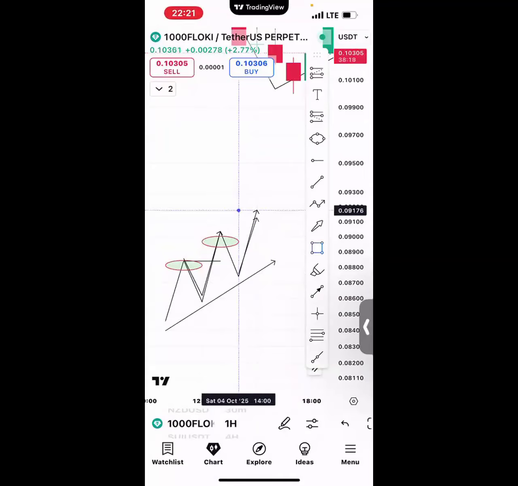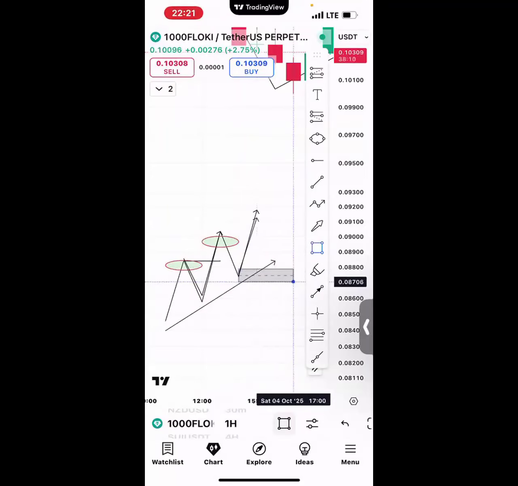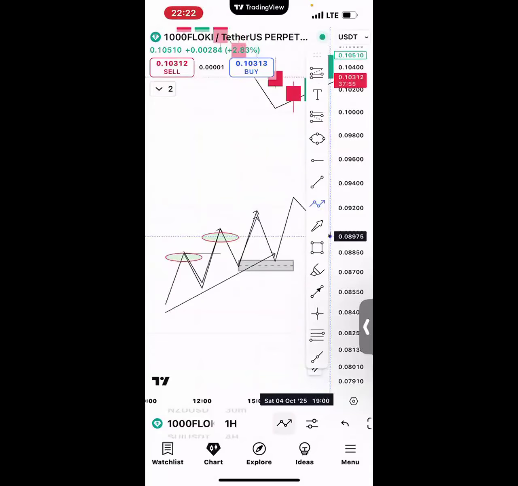So now let's imagine that your order block was here, right? It's the last down candle. It's always the last down candle, right? And that is where you are expecting price to pull back to before it continues the up move. Okay, so that is what I was explaining to you here.